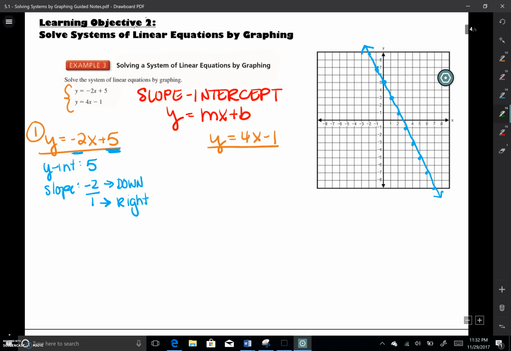Once I've graphed it, I can move on to my second equation, which is y equals 4x minus 1. Again, luckily, this is already in slope-intercept form, so I don't have to change it at all. My y-intercept here is -1.